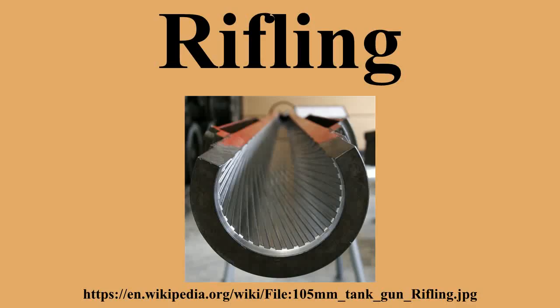Gain twist rifling was used as early as the American Civil War. Colt Army and Navy revolvers both employed gain-twist rifling. Gain-twist rifling, however, is more difficult to produce than uniform rifling, and therefore is more expensive.